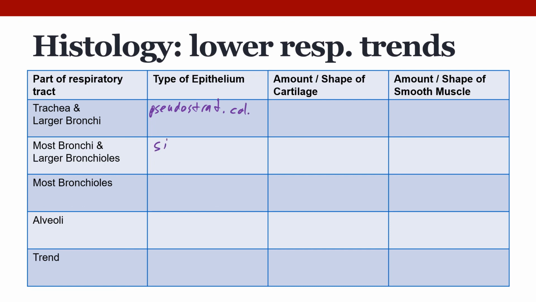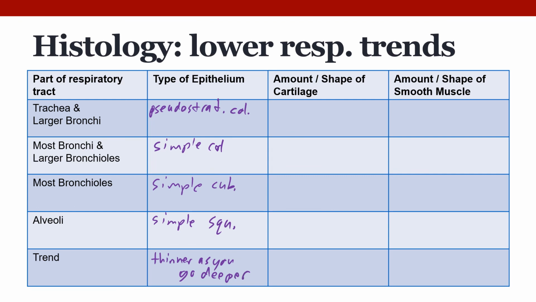Then we get simple columnar, most bronchioles, simple cuboidal, and in the alveoli, of course, simple squamous. And so the trend is thinner as you go deeper.